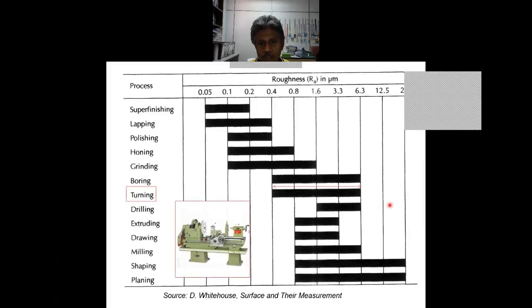But my question is this: if you are using a turning operation, okay, we have done this turning using a normal turning lathe machine. Why is there such a big difference or range in roughness? Why does it go from 0.4 up to about 6.3? From 0.4 to 6.3 is a very big range.